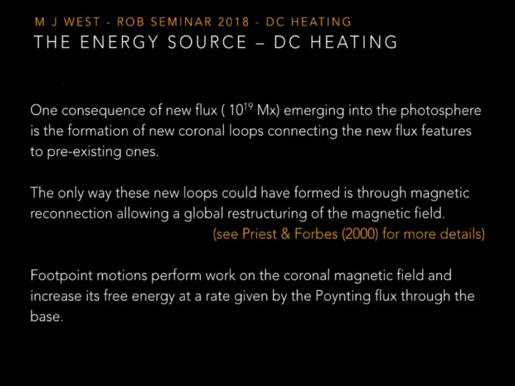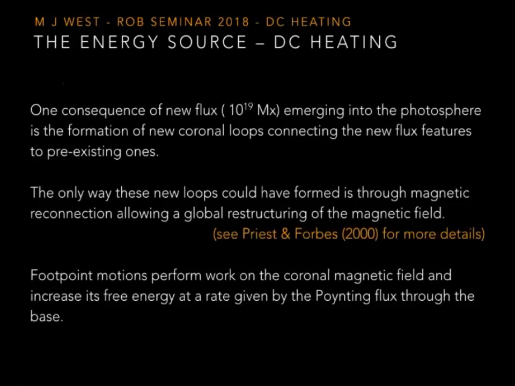As I said before, we see the flux emerging from the photosphere. We see coronal loops being generated, connecting new flux features to previous ones. So you've got magnetic fields coming through from below, pushing into magnetic field structures already in the solar atmosphere, and these loop structures then create subsequent loop structures.